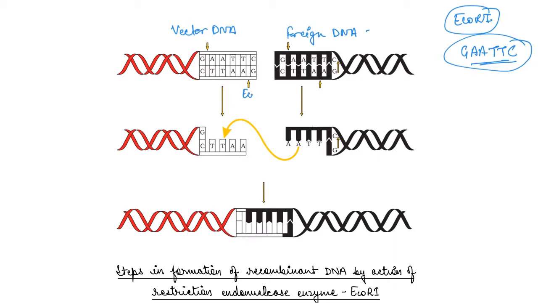So we have EcoR1, which will join and cut both the pieces. Now what we get here are hanging pieces, the sticky ends. So we have a sticky end here, we have a sticky end here, right?